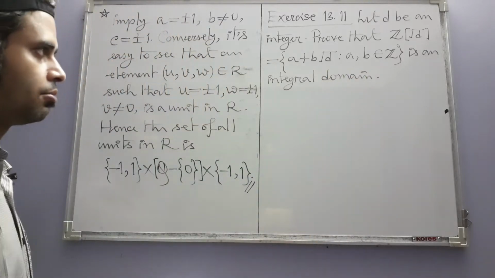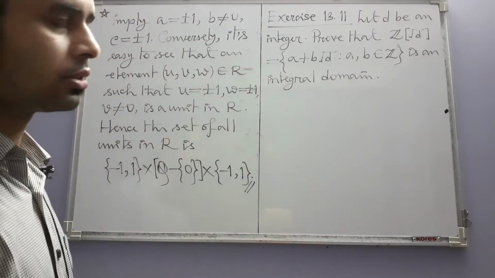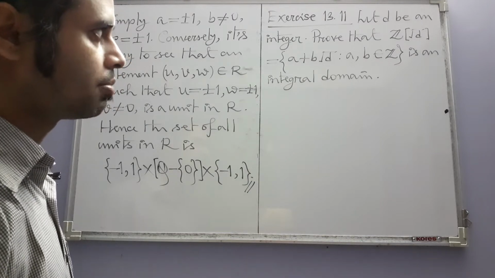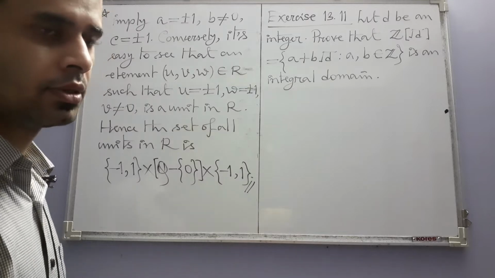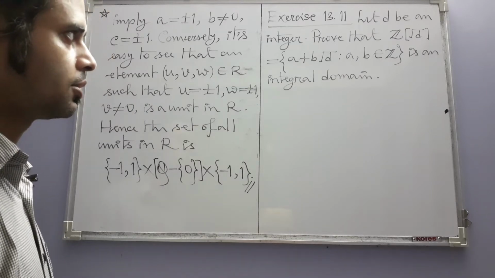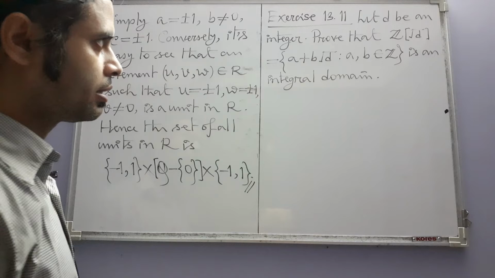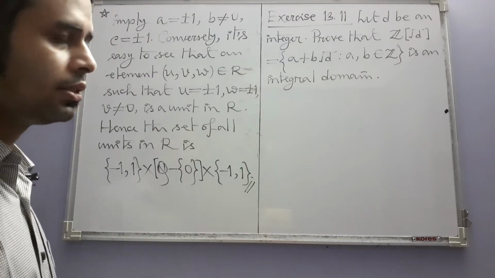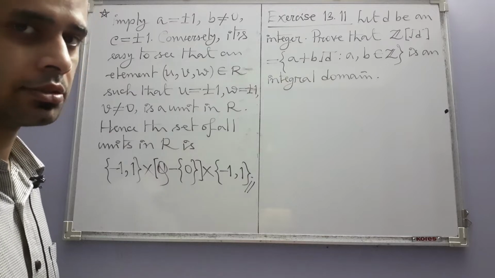Is an integral domain with respect to what operations? The operations, of course, are addition and multiplication of complex numbers. Why do I say complex numbers? Because these elements in general are complex numbers, and the potential for having non-real complex numbers is also there.